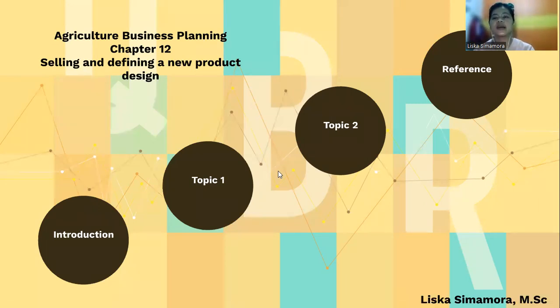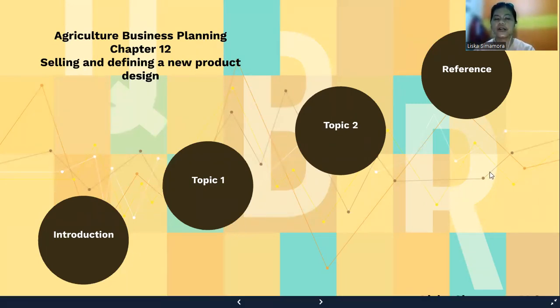So maybe after learning this chapter about how you define a new product, and you understand the stage of your new product, now you can recognize whether you can create a new product based on feedback of your customer from previous selling, right?